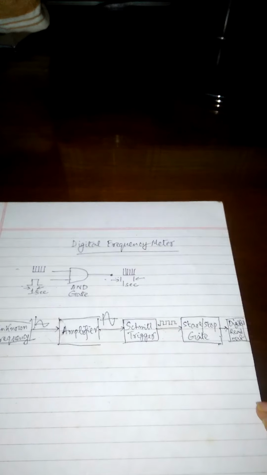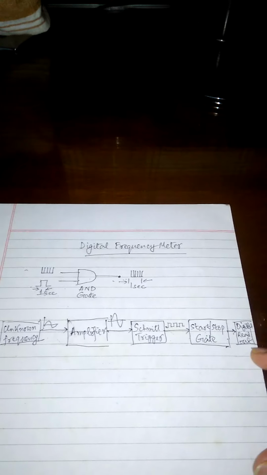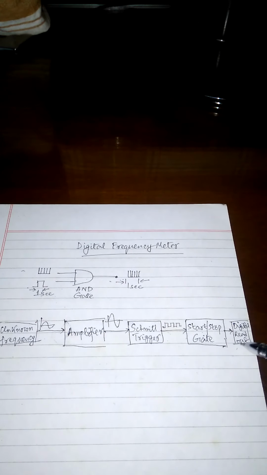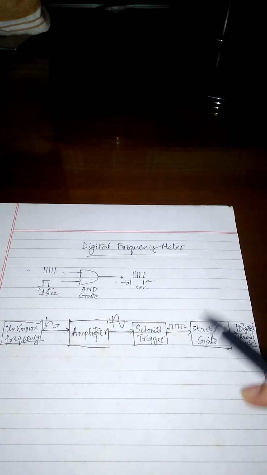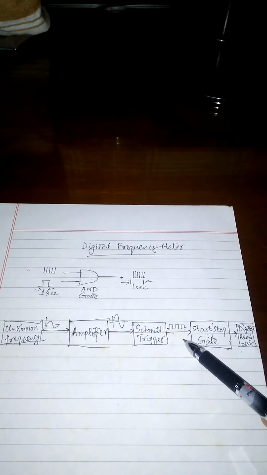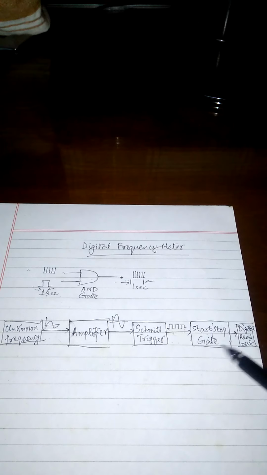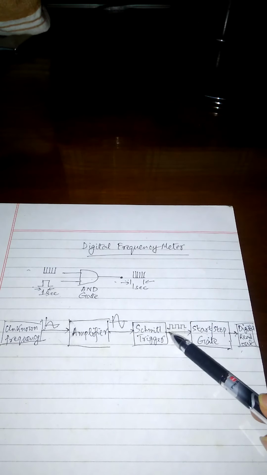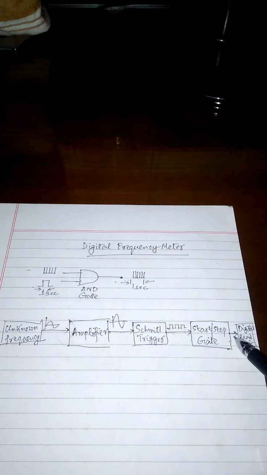At the digital readout, we get the value of the frequency directly, because this train of pulses represents, with each pulse, each cycle. If we consider a particular time period for which this gate is in enabled condition, the pulses pass through this gate, and the counter counts the number of pulses passing through for that time period.